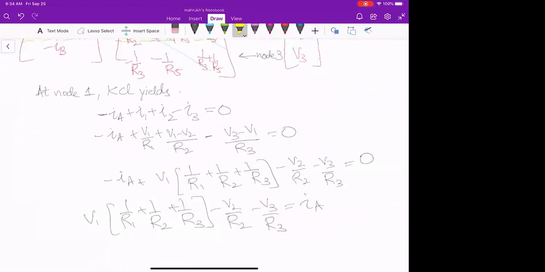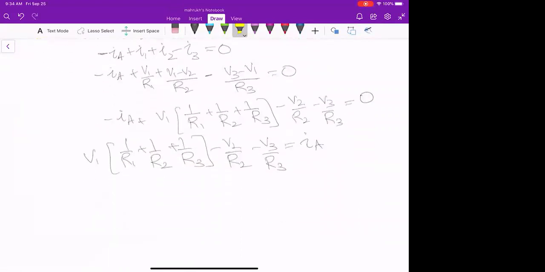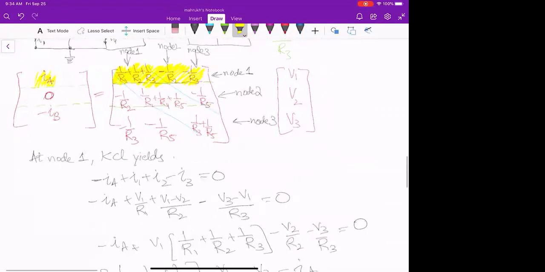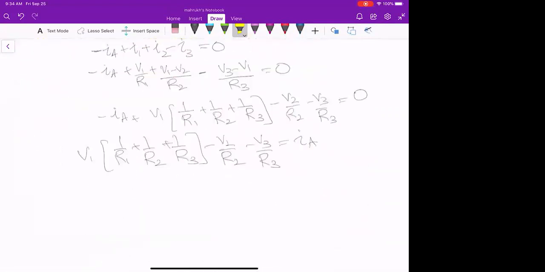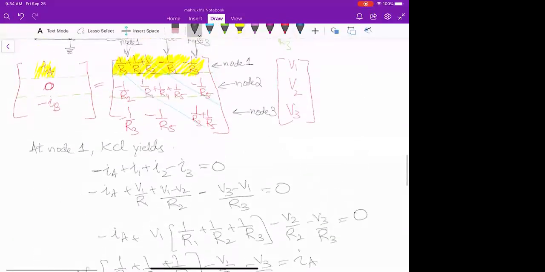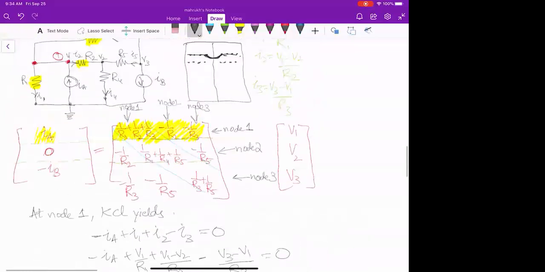Yep. Okay. Similarly, we can write the node 2 or node 3 equations. Node 2.